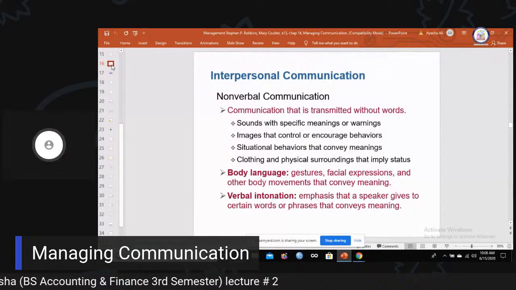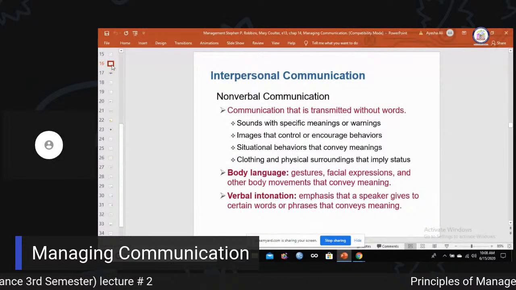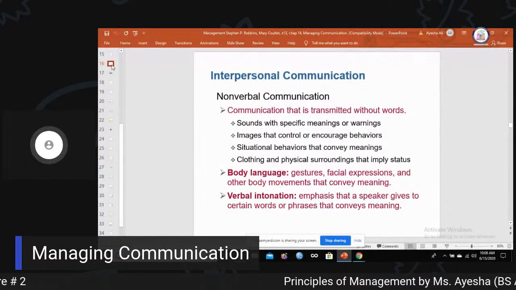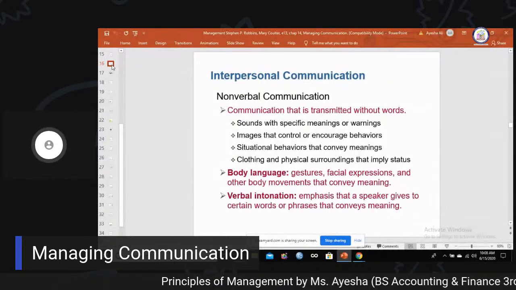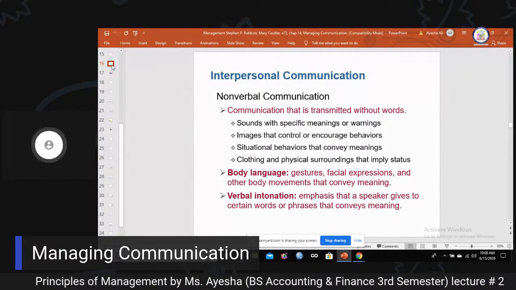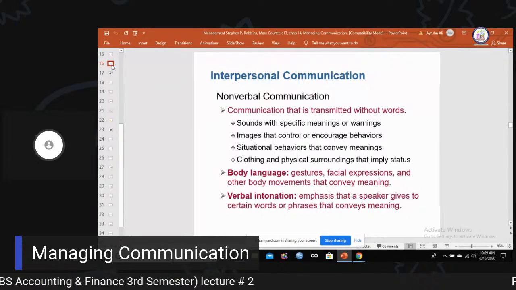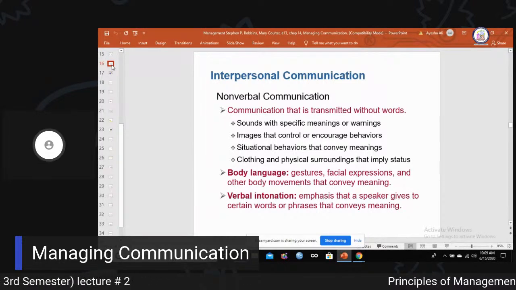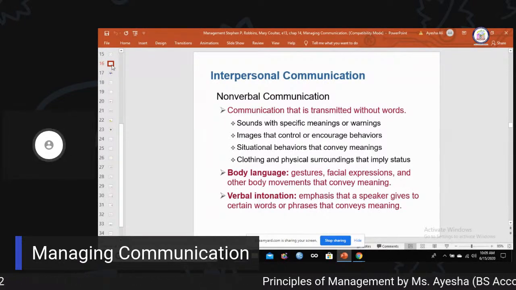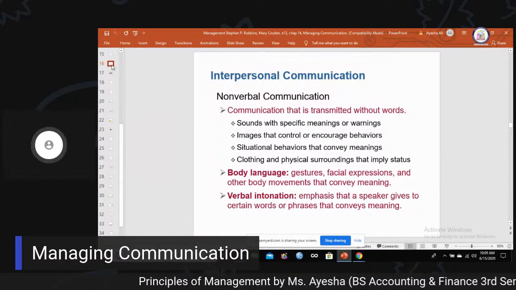So every sound gives us a different message. For example, if our phone rings, we get the message that somebody is calling us. So we have to pick it up and respond. And if someone honks a car horn, we get the message that the driver needs space to drive.